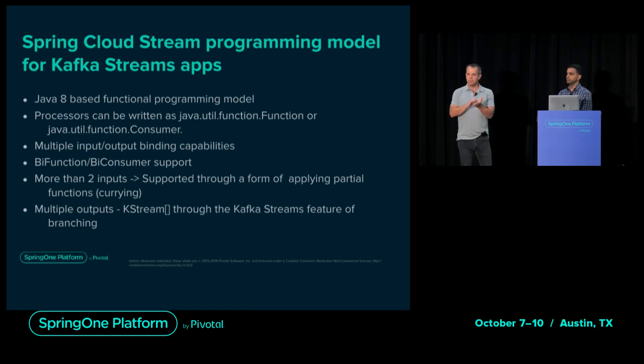And I want to stop right here. This is a long debate that Soby and I had, and many other people were involved, in terms of how to represent functions with multiple inputs and multiple outputs. And this is again where the specifics of not only KStream, but also the community behind KStream, we had to take into account. For example, when I was talking to Soby, I said, Soby, what do you think? You're the one who's interacting with the community.